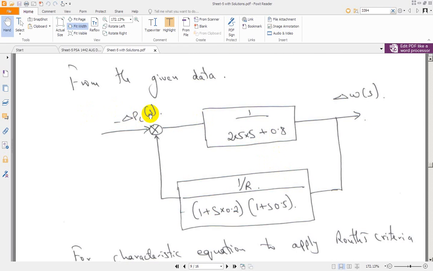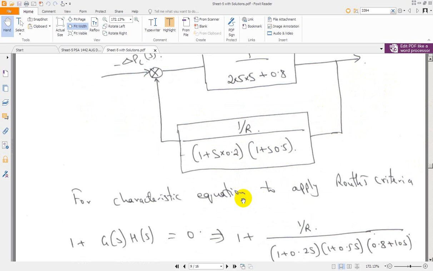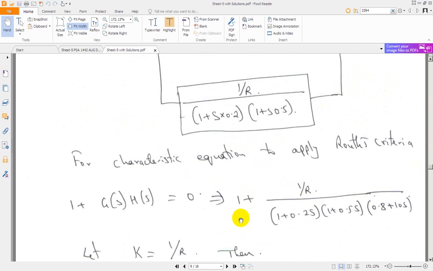The input is the load change, and there will be a change in frequency. And for 1 by R, the range of this R has to be evaluated. For this, let us evaluate the characteristic equation.